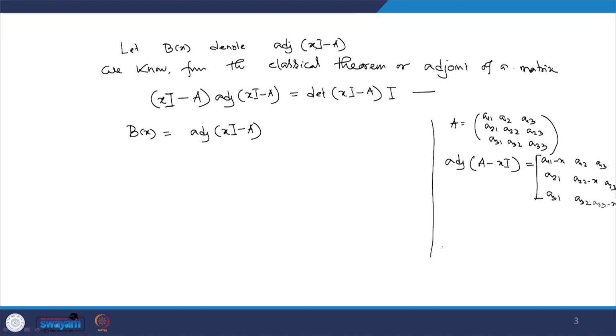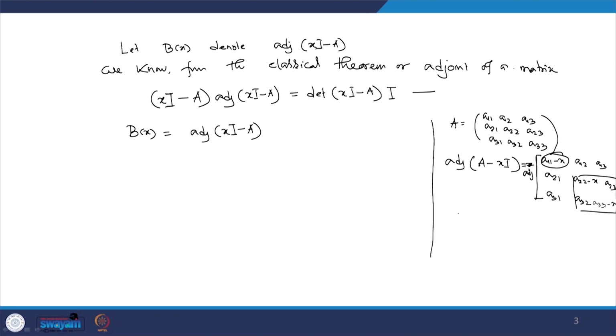Now I have to take the adjoint of this matrix. I have to see what the cofactor of the entry in position 1,1 is. The cofactor of this quantity will be the determinant of the remaining matrix.